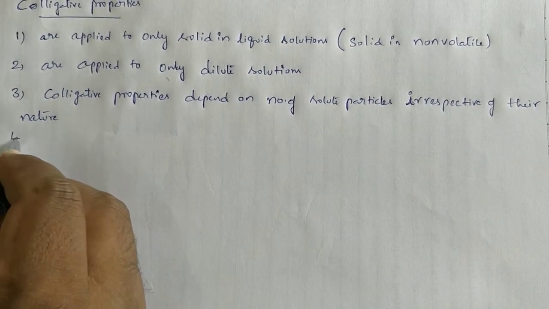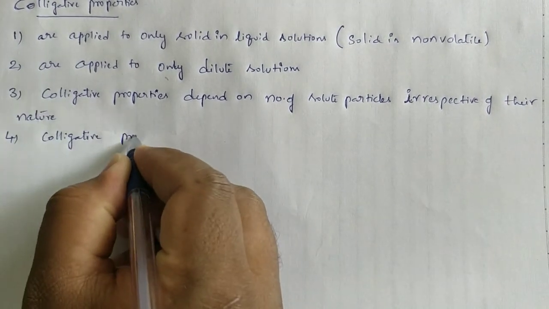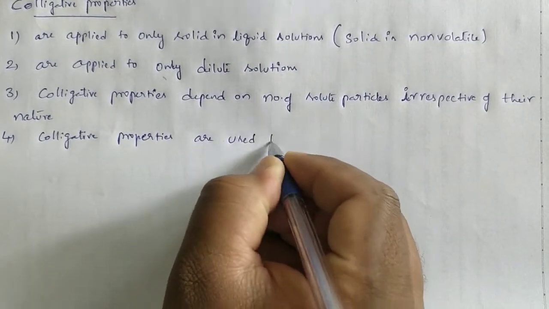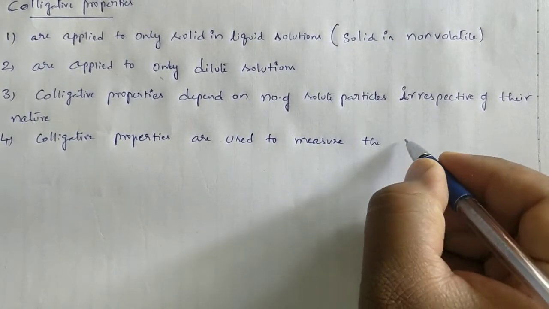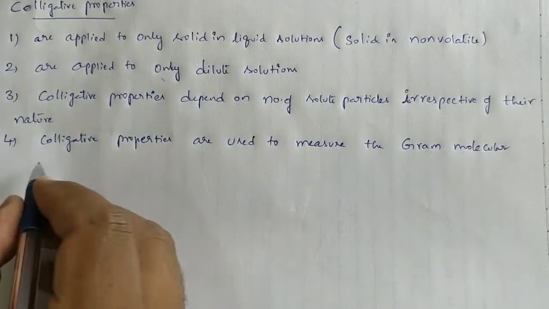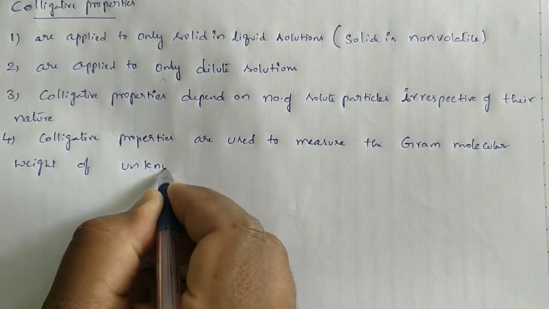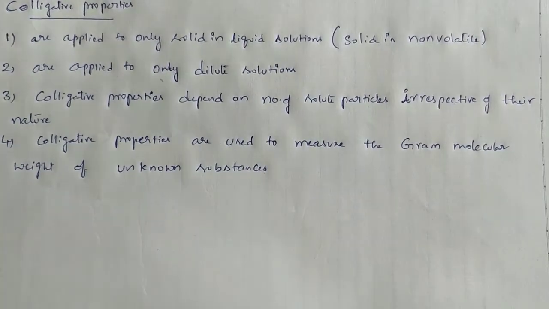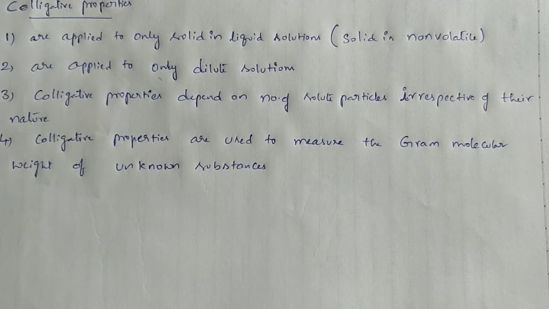Okay, next, coming to the fourth one, colligative properties are used to measure the gram molecular weight of unknown substances.